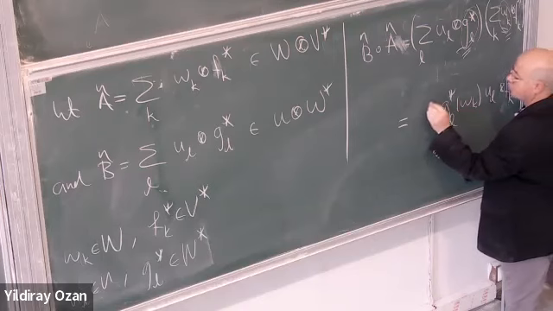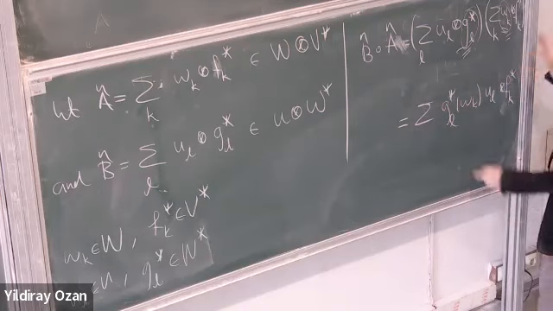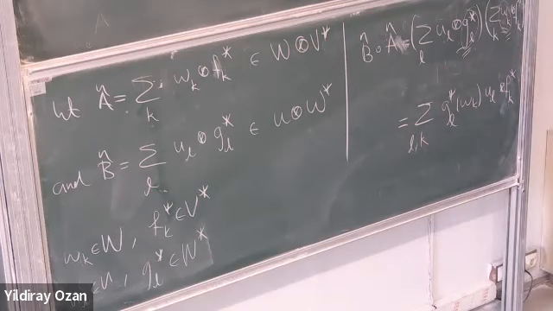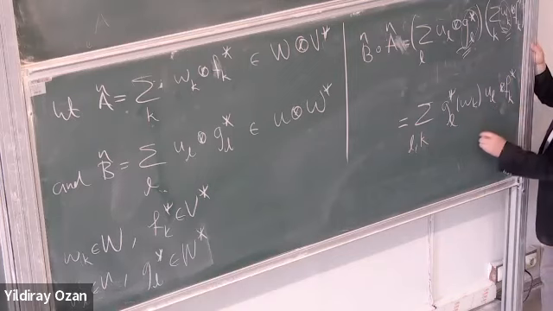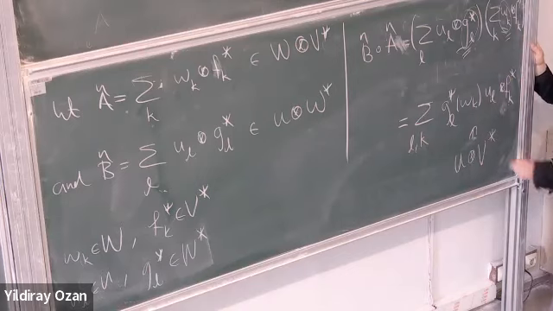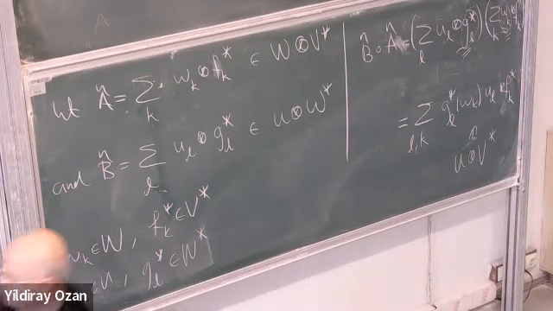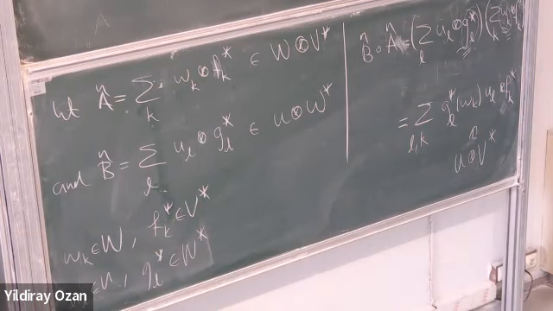I have two summations, both L and K. So the composition as a tensor can be written like this. This gadget is in U, and this is in this type. And that's the right place, right? U tensor B star composition.